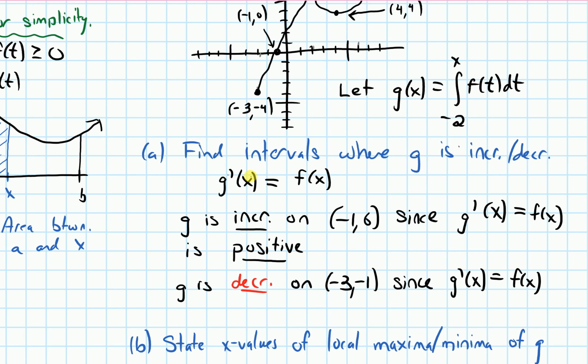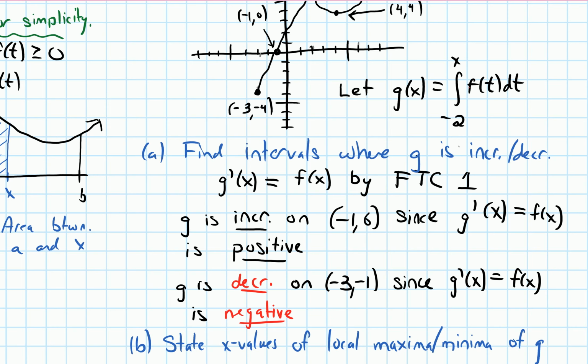I wrote that g prime of x equaled f of x. Let's write that this is by FTC part 1. Okay, so g prime of x equals f of x, and the function f of x is negative on this interval. All of the outputs, all of the y values on that interval are negative. And that's our answer for part A.